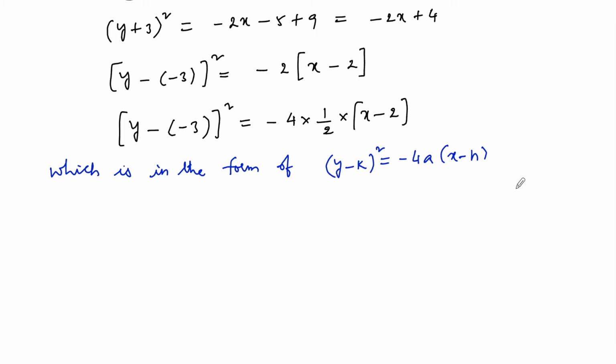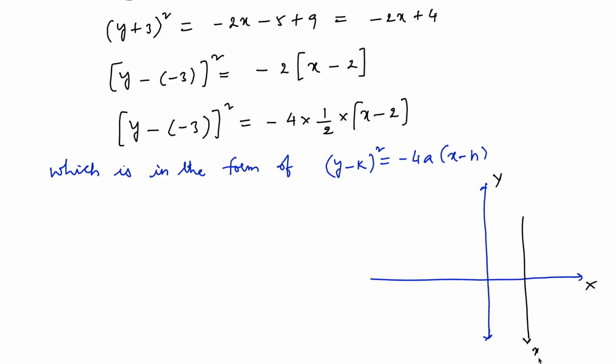So which is one of the standard forms of parabola whose axes are parallel to the coordinate axis, and the vertex is lying on the lines x is equal to h and y is equal to k. Consider these are the x-axis and y-axis. Say this is x is equal to h, and say this is y is equal to k.